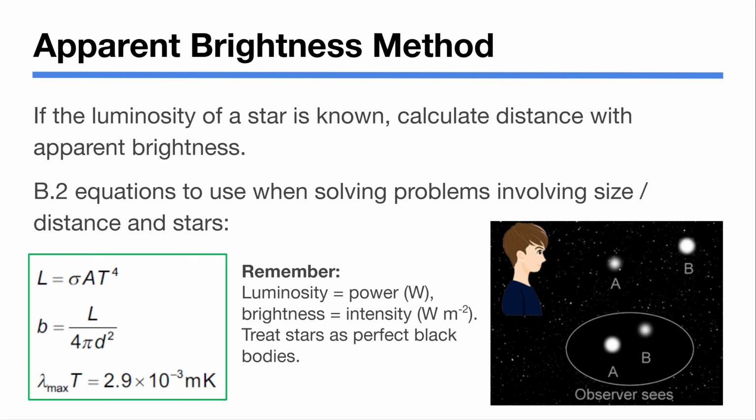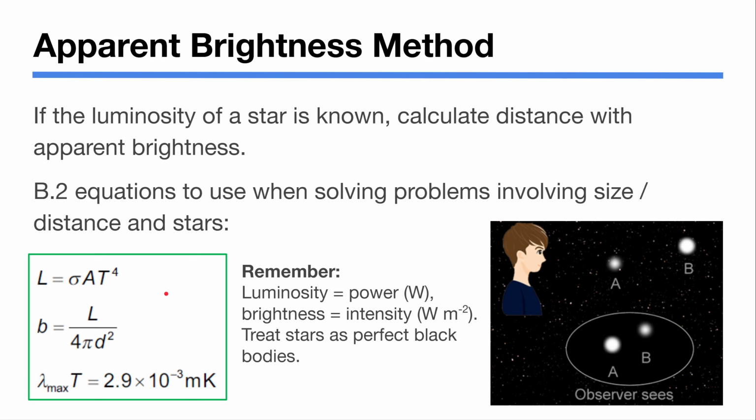And we can figure out all kinds of other stuff with these equations based on the temperature of the star, the size of the star, the luminosity, the brightness you would measure, how far away it is, the temperature, the peak wavelength. All of those things are connected together. So if you're doing star math and you're not doing a parallax thing, you're going to use some combination of these equations to figure out what you have to figure out.